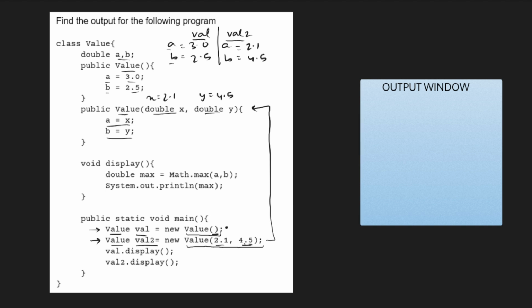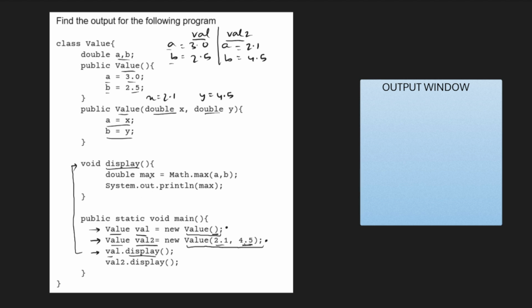Since we finished executing this constructor, we're again going to go back to where the constructor was called. That's this statement, so we're going to go back to this statement. After creating this object, we're going to move on to the third statement of our main method. Here, using the first object VAL, we're calling the display method of the value class. Since I'm calling the method, I'm going to go and execute this method display.